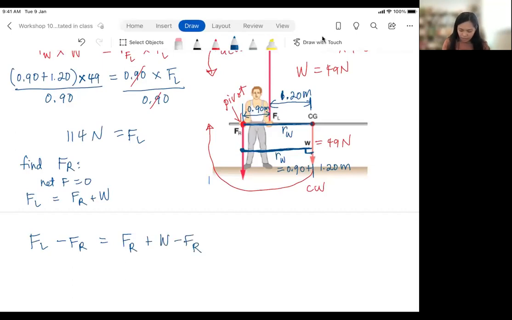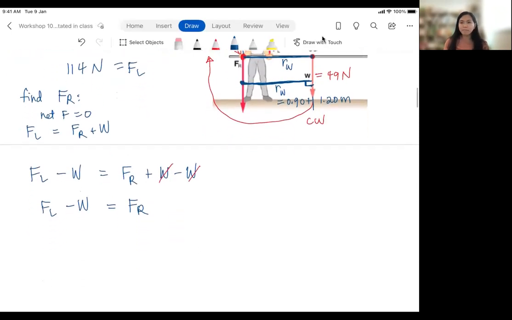Oh no, sorry, it's actually FR we wanted to find. So we should subtract the weight force from both sides to isolate FR, because weight minus weight will give you nothing. And then you have FR equal to FL minus the weight force. That's if you were asked to find FR, and that's how you extend the solution.